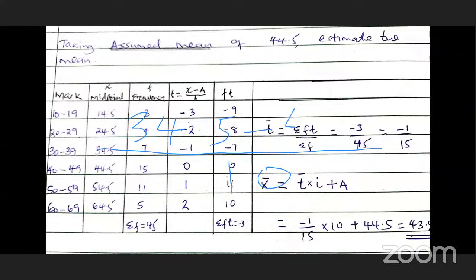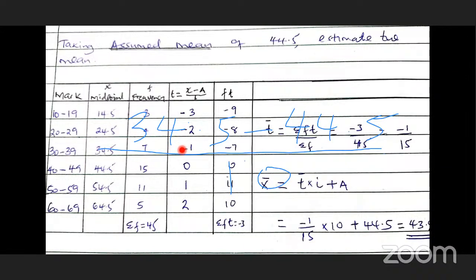Our assumed mean was 44.5. Then we say over the class weight. Again, what is the class weight of that row, 30 to 39? It will be 10 because it is 39.5 less 29.5. So what is the difference in the numerator? Negative 10. So negative 10, then we divide by the class weight being 10, you end up with negative 1. Again, that is why I had put negative 1 on that row in the column headed by T. So my T in that row is negative 1.